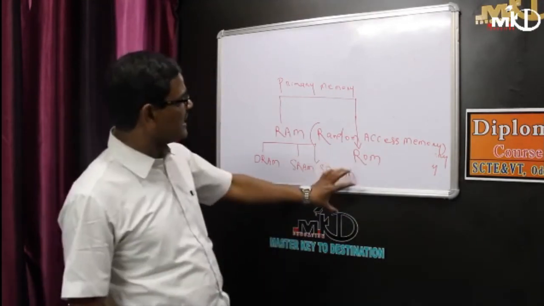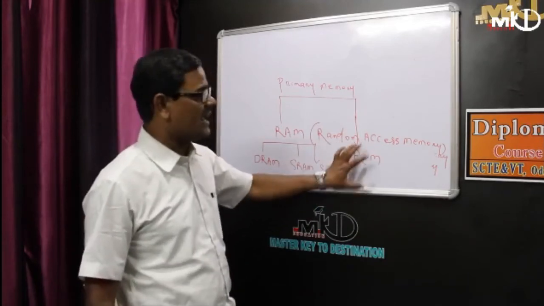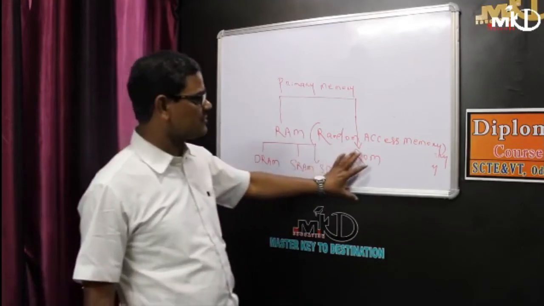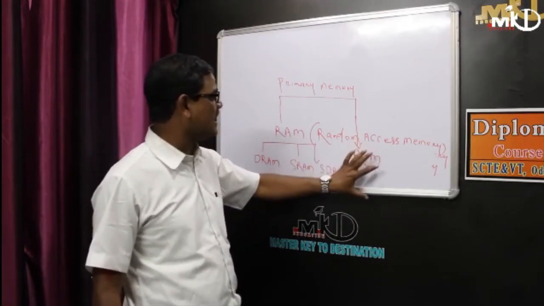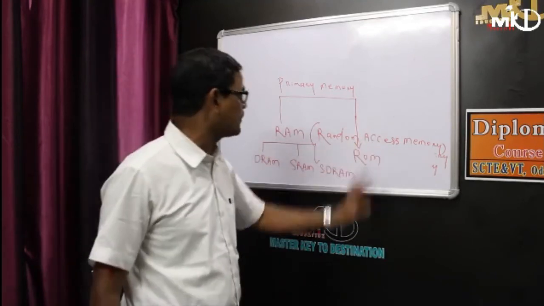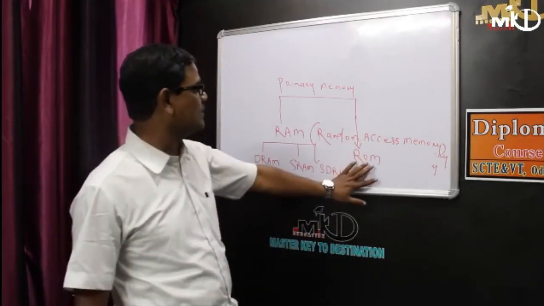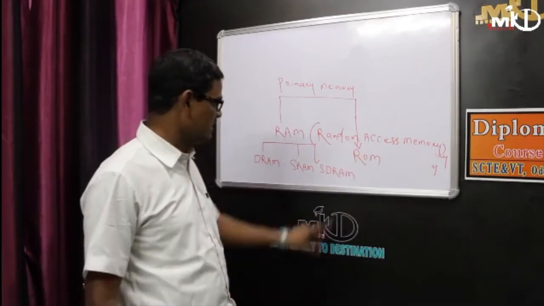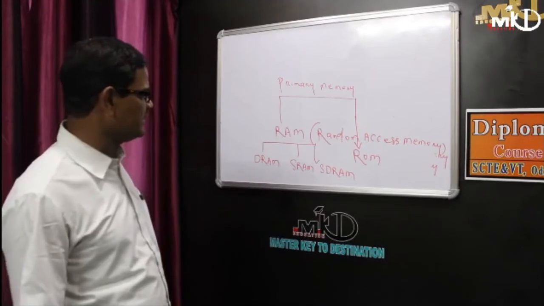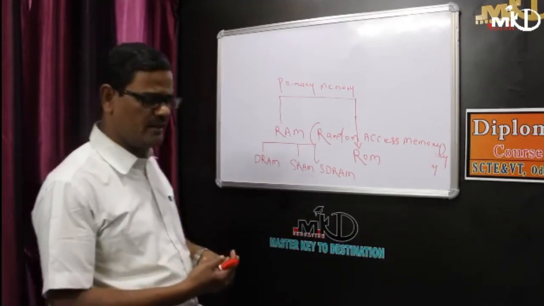All the data and instructions are fed at manufacturing time. These programs and data check whether all the devices are working properly. If all the devices are working properly, then it gives the instruction to the loader to load the operating system from the secondary storage device.